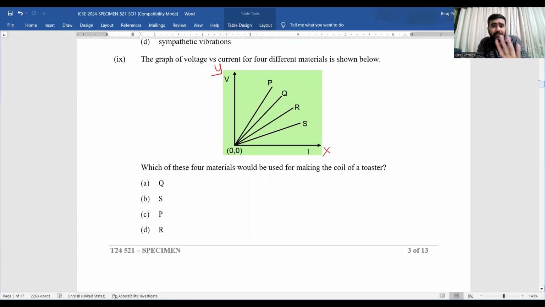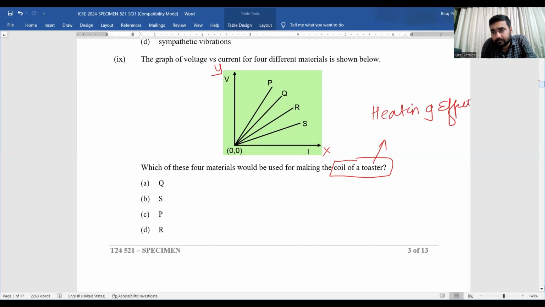I have here 4 different wires P, Q, R and S. Now from these 4, I have to choose a wire which could be used for making coils of a toaster. Now, when I talk about a toaster, students, it is that type of electrical device which needs a high amount of heating effect of electric current. So your heating effect should be more. Heating effect would be more only if the resistance of that wire is more.